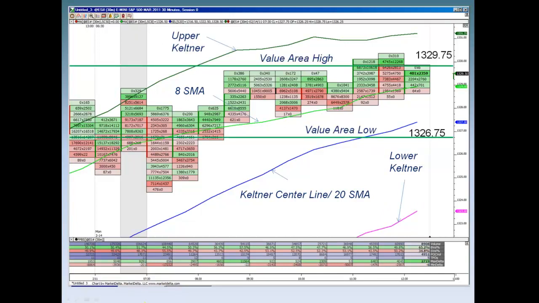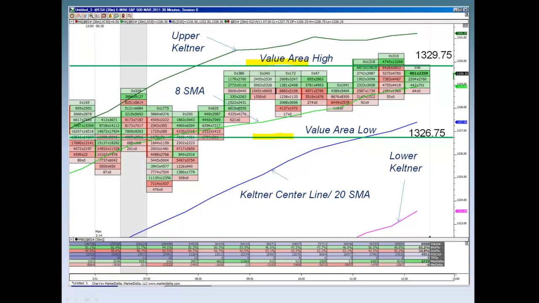adding another interesting piece to our chart, and that is the value area high and the value area low. And by the way, there is an indicator in Market Delta that will allow us to do that, to add the value area high and the value area low on the footprint bar chart or on a candlestick chart for that matter.